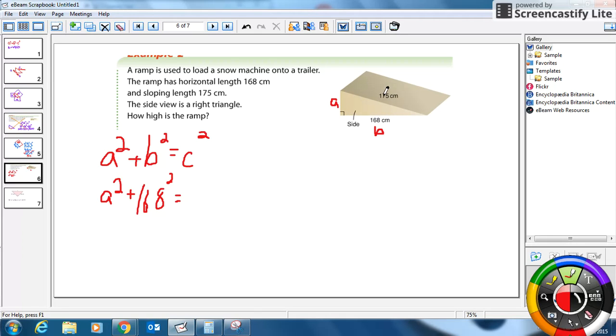That's our hypotenuse, and we know hypotenuse is represented with C, so we'll plug in 175 squared.